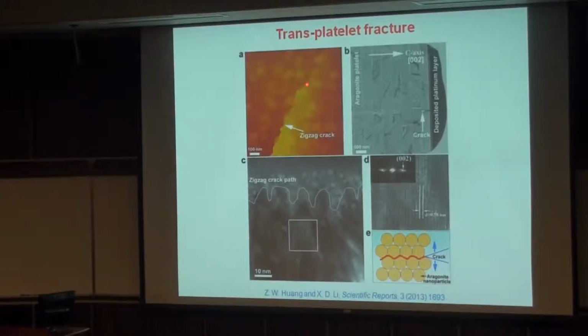This is a zigzag crack path, and we used FIB to cut this crack, and then we looked at the crack path inside HRTEM. You can see this is one nanoparticle, another nanoparticle, another nanoparticle. So this kind of transplatelet fracture is a new mechanism. Actually there are multiple toughness enhancement mechanisms at different levels hierarchically.